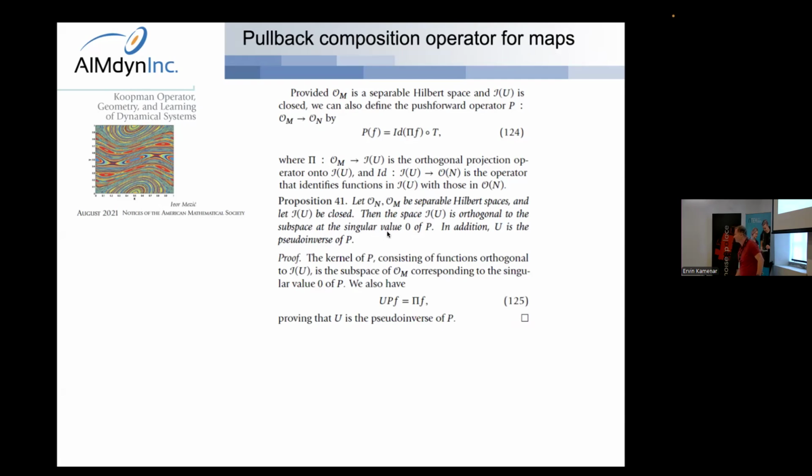So the spectral theory shows up again, right? But in the Koopman theory, you have the spectrum because you have an operator from a space to itself.